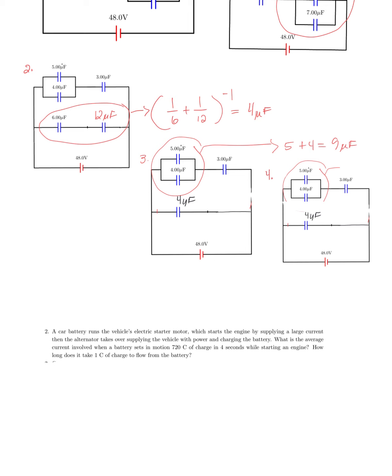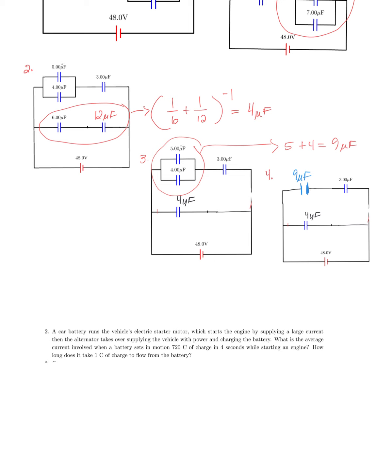And you're going to have my drawing, which hopefully I won't be doing a lot of on this one because it's not near as pretty as the ones that are just pictures. Okay, so this is 9 microfarads.